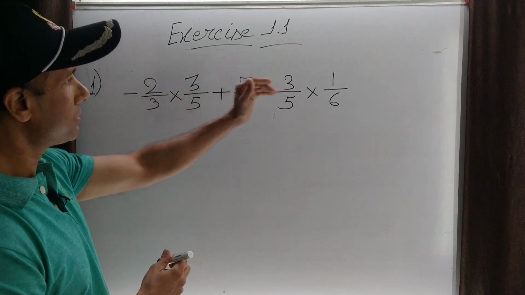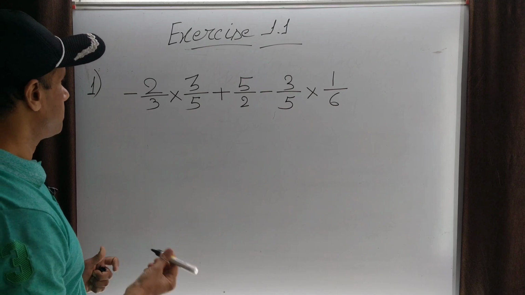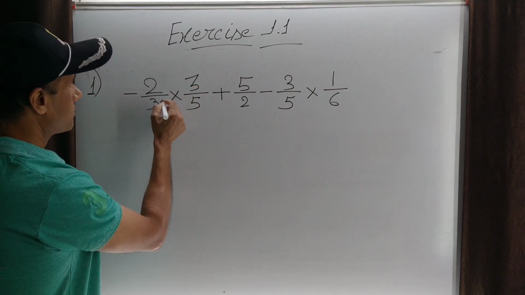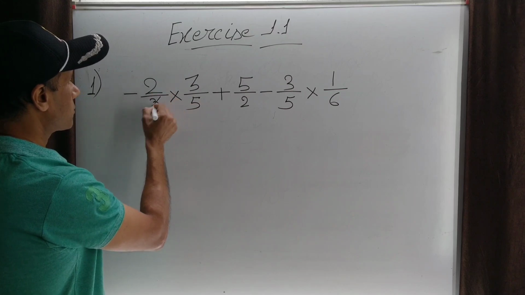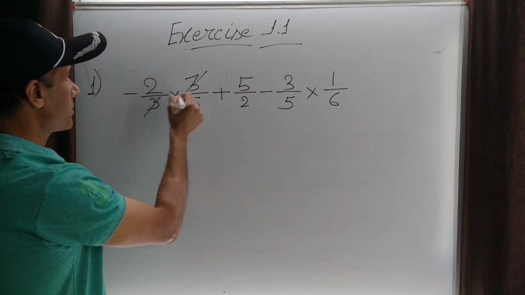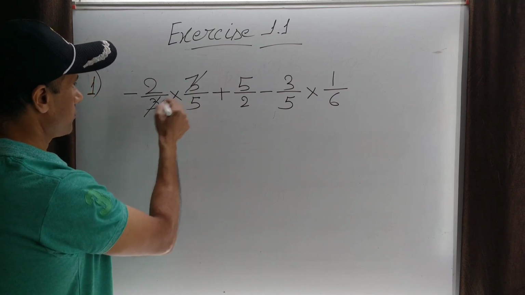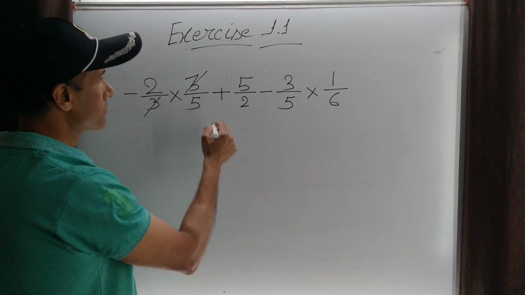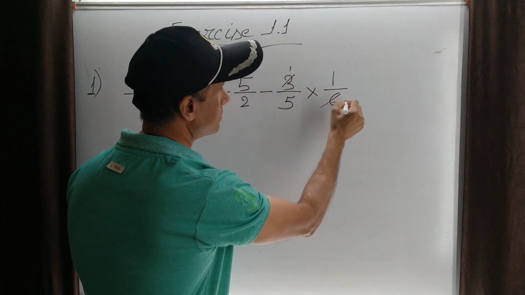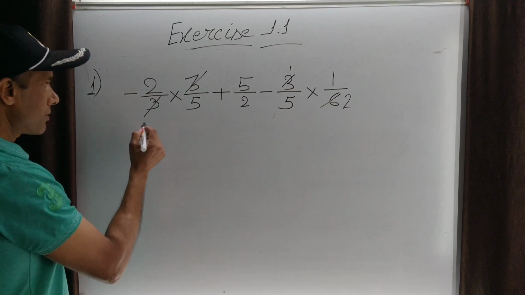These are all rational numbers, so let's simplify. Here you can see this is 2 by 3, so we divide 3 by 3, and 3 by 3 is 1. We just cancel it that way, to make it fast. This becomes 1 and this becomes 2. Now write it down.